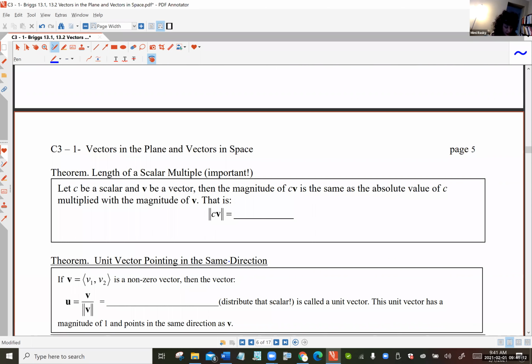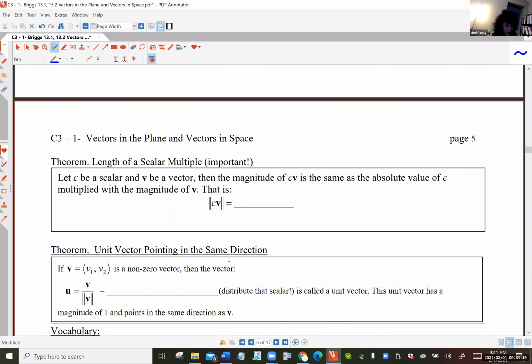Let's move on and talk about what happens when you stretch or shrink a vector with a scalar, which we talked about visually. What does it do to its magnitude? Well, as we saw visually, it either stretches or shrinks the length, the magnitude. But what's important is that magnitude is always a positive number. So if you have a scalar, and it could be a negative scalar like -2, and V is a vector, and somebody says, hey, look at this new vector, CV, which could either be stretched or shrunk, what's that magnitude?